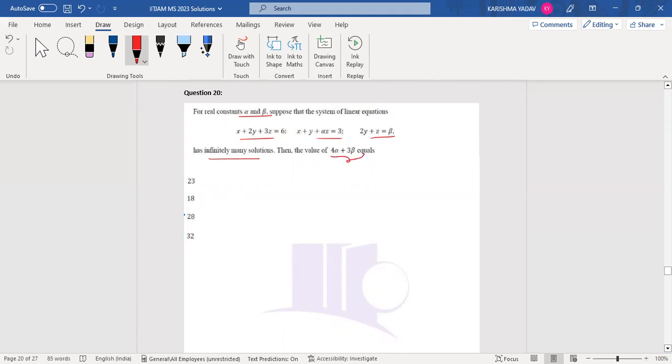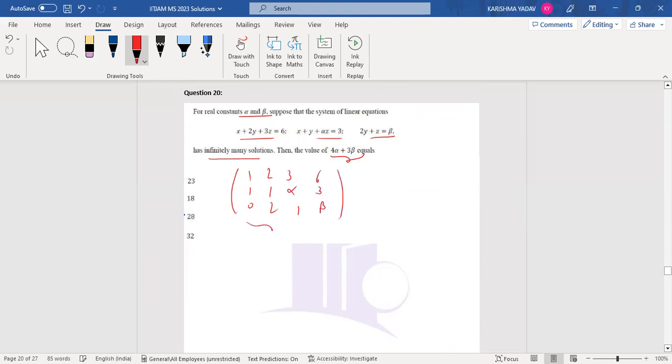So what we have to do is find the values of alpha and beta, given that the system of linear equations has infinitely many solutions. I can convert the system of linear equations into an augmented matrix form, that is [1 1 0 2; 1 2 3 α; 1 6 3 β].